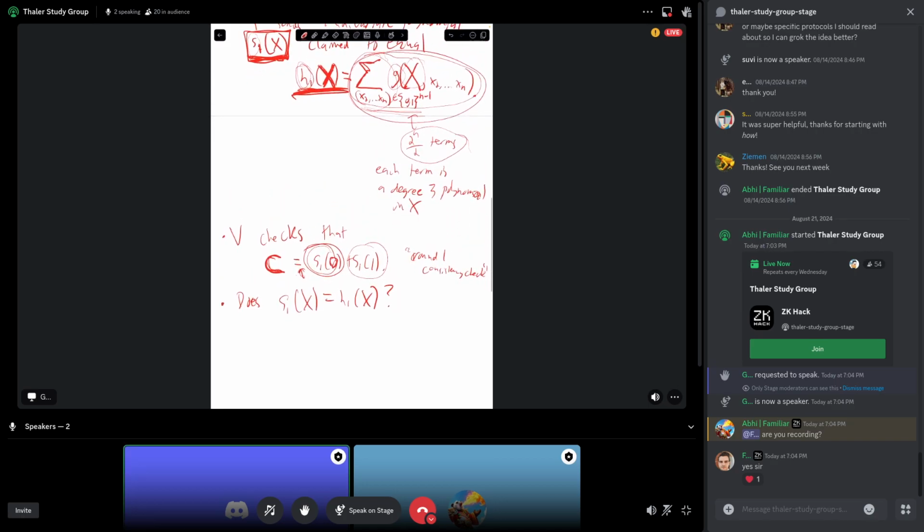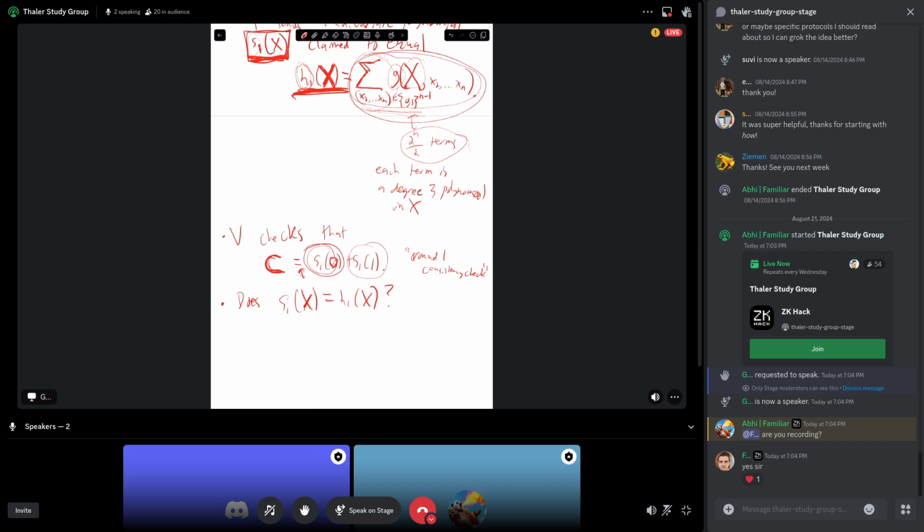We should be getting pretty used to the following technique at this point: if you want to know whether two polynomials are the same polynomial, it's enough for the verifier to pick a random point and confirm that they're equal at that point. Because as long as the polynomials have reasonably low degree, if they're not the same polynomial, they can't agree at many points.